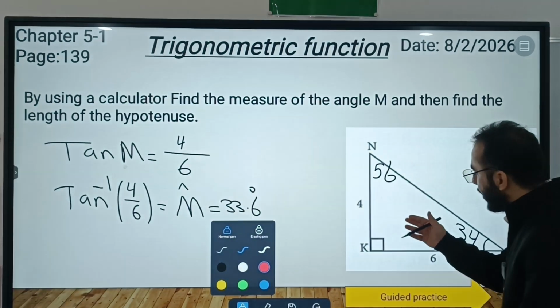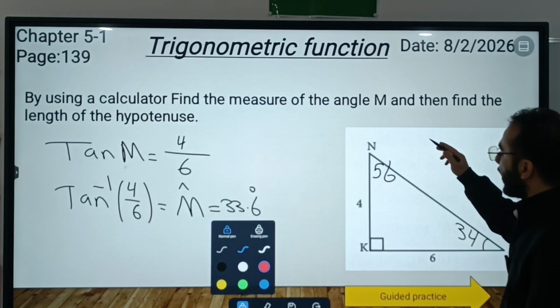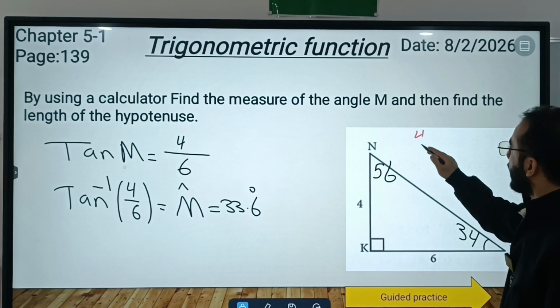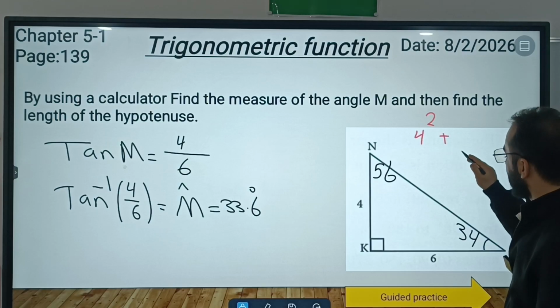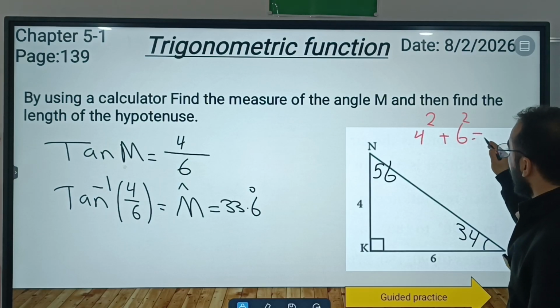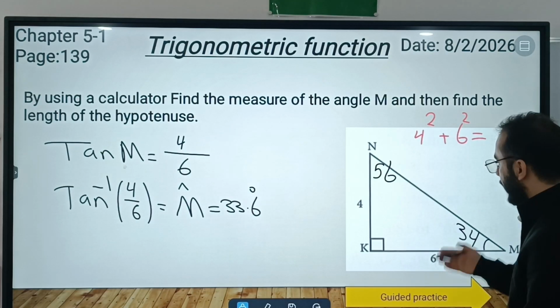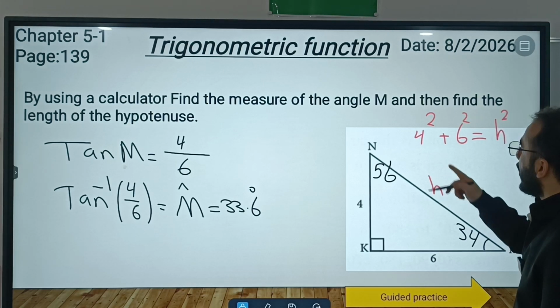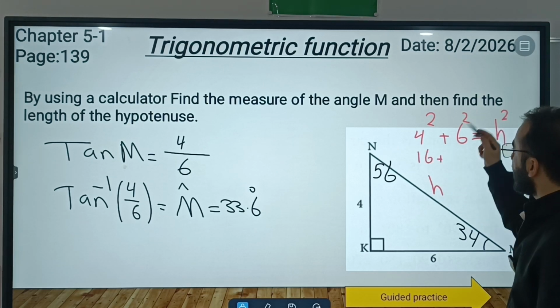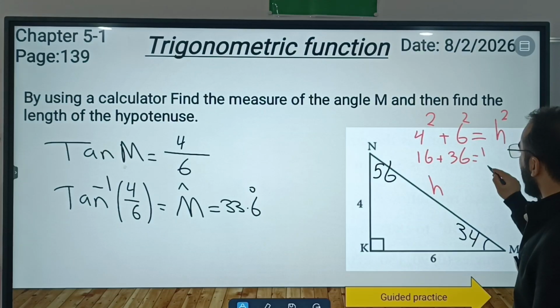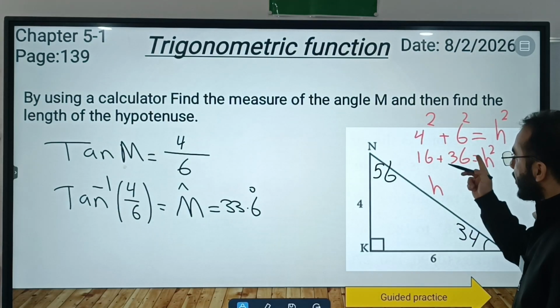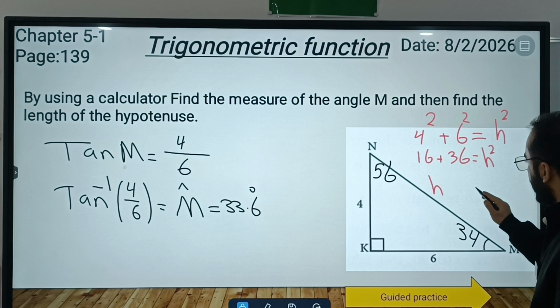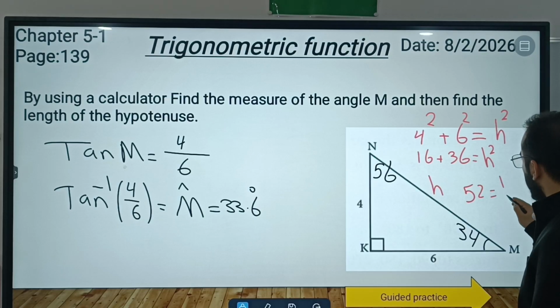It says that in a right triangle, the sum of the legs squared, so 4 squared plus 6 squared, always equals the hypotenuse squared. What is the hypotenuse? We don't have it, so we are going to write h squared. 4 squared is equal to 16. 6 squared equals 36. 16 plus 36 equals 52, which is h squared.